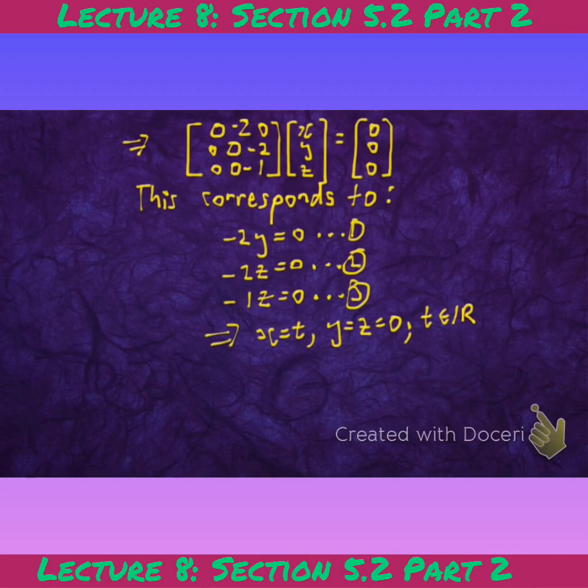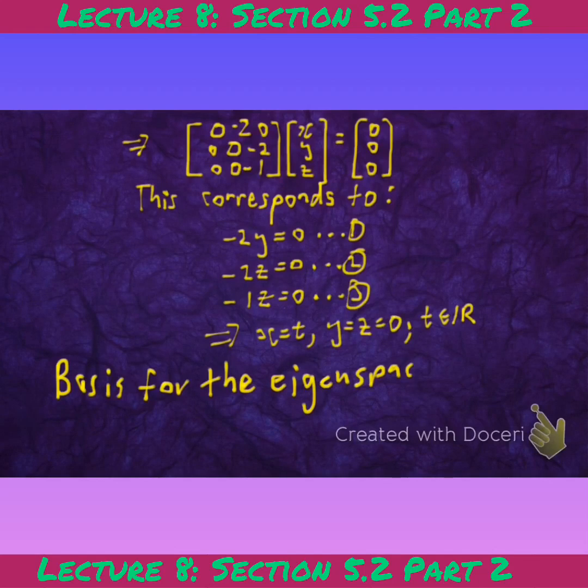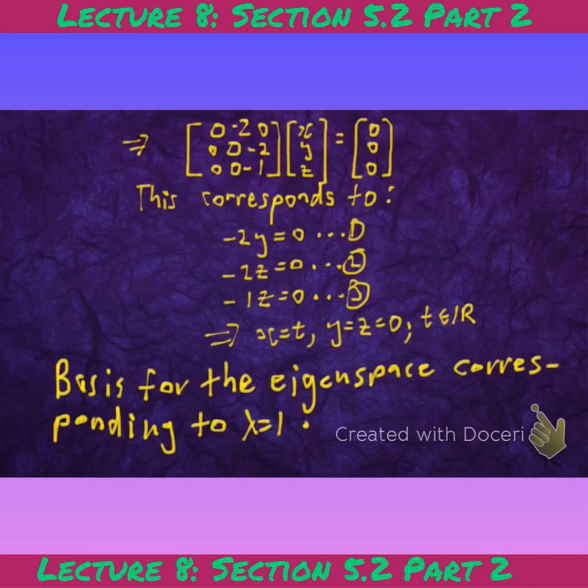Okay, so the basis for the eigenspace corresponding to lambda equals 1 is pretty much the vector 1, 0, 0.